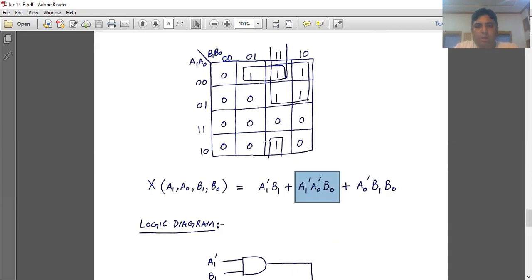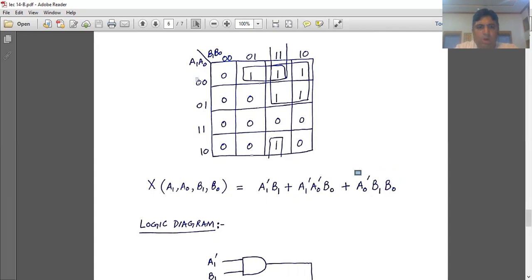Third one is this one and this one. Which variable is eliminated? 0, 1. A1 is eliminated. We will get A naught bar and B1, B naught.